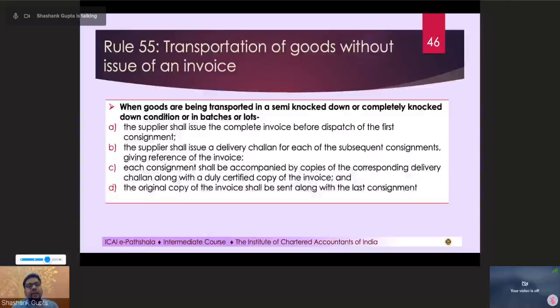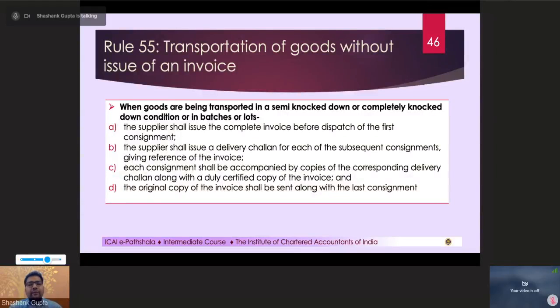And this will also be applicable in cases of supply in batches, right? I had given you an example that Maruti is supplying 100 cars to its dealers. For 100 cars, it has every right to issue a single tax invoice. But can 100 cars move in a single container?